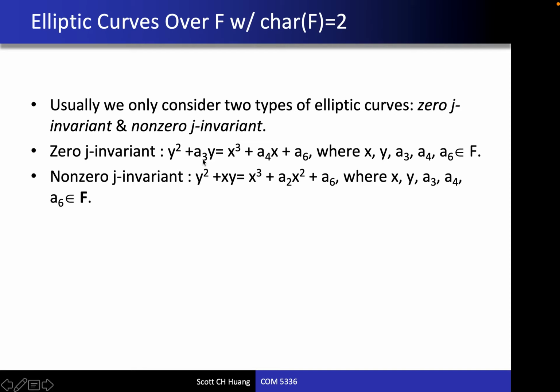So we have an A3 term. Another way to do that is by doing a little rotation. This is y squared plus xy. In this case, we can actually use one less variable. We only have to use two variables to represent a curve. So that's non-zero J invariant.